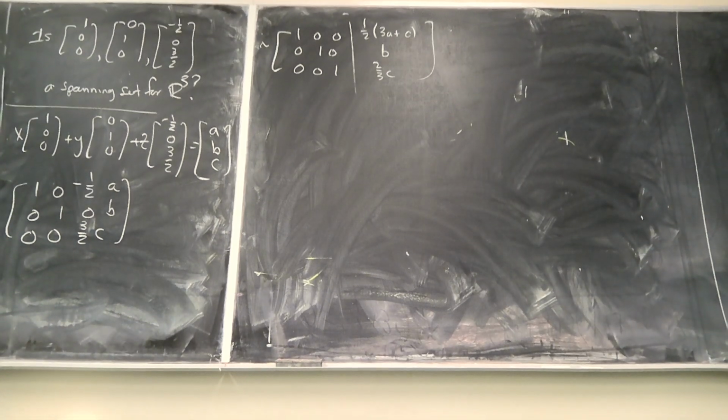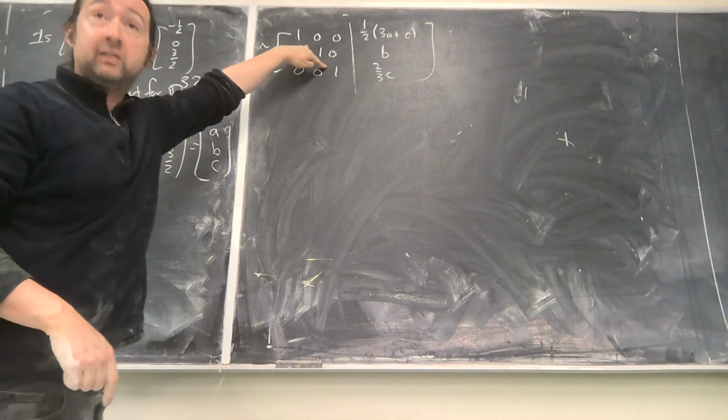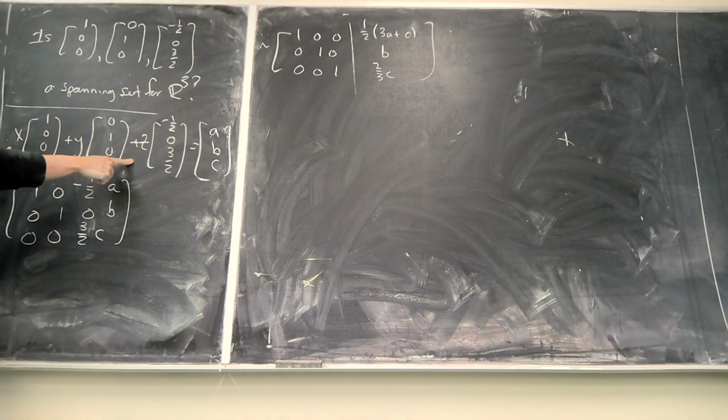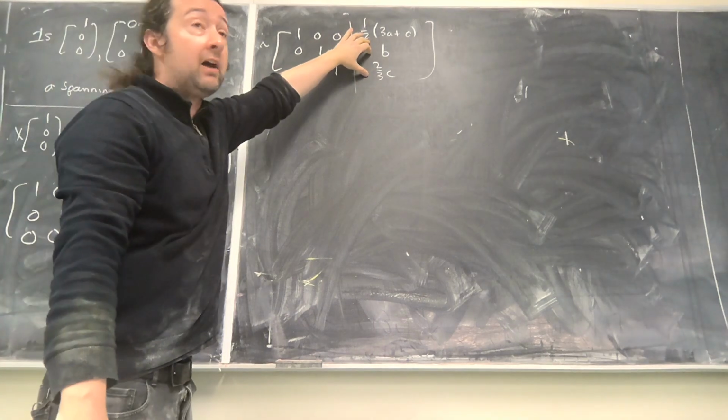And so that tells you not only is this consistent, which means there is a way to write down an x, y, and z that makes this equation true, it actually tells you what values you would plug in to do it.